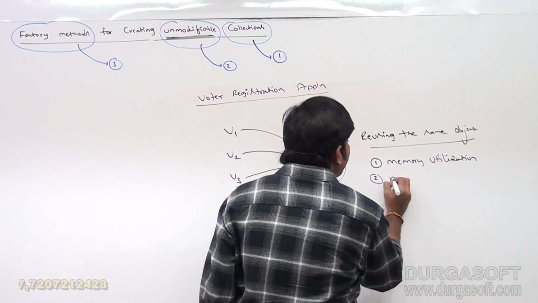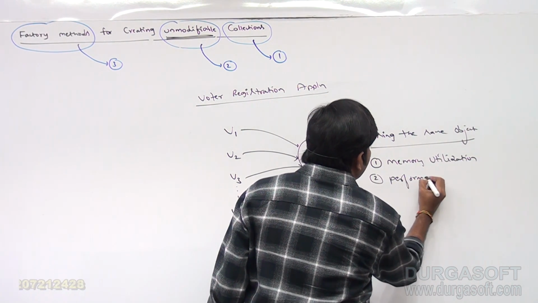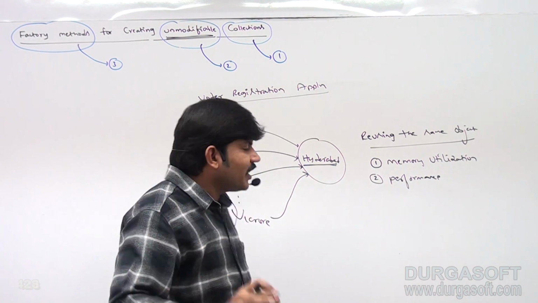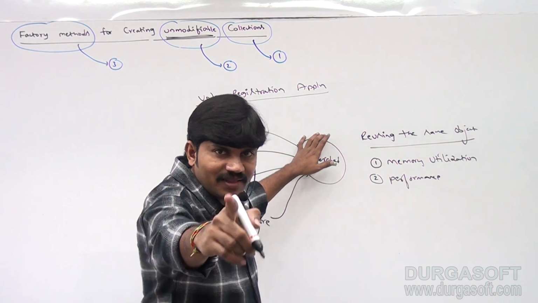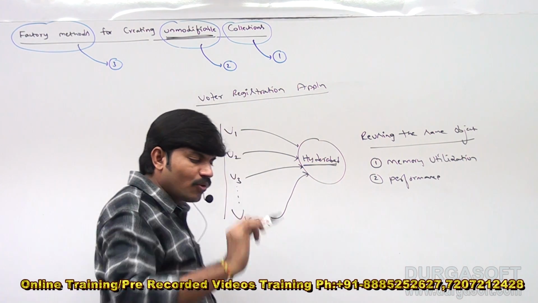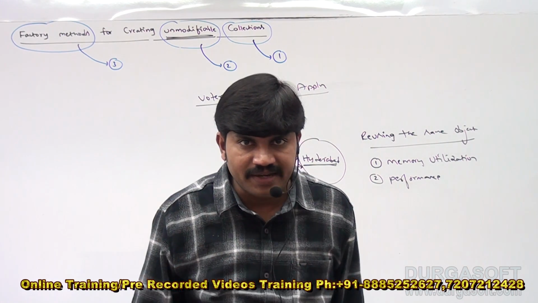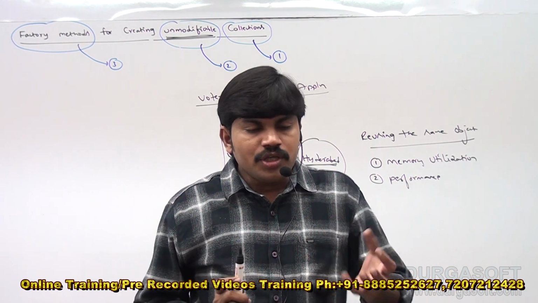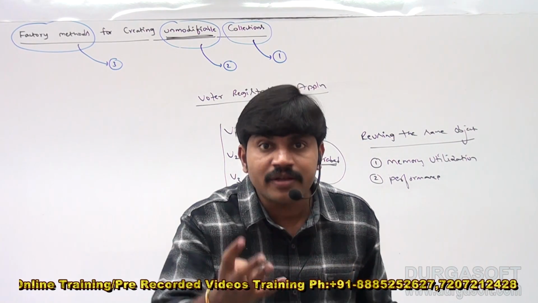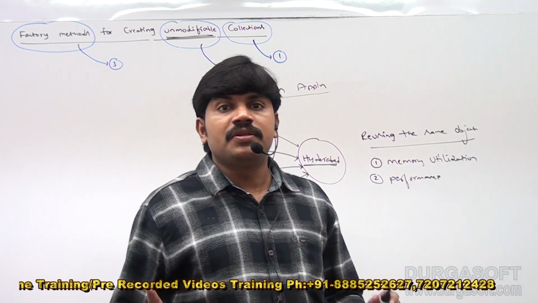Performance will be improved because we are not required to create 1 crore objects. With that one object only, I can manage 1 crore voters or 1 crore references. So if I reuse, memory utilization and performance improvements will be there by default.